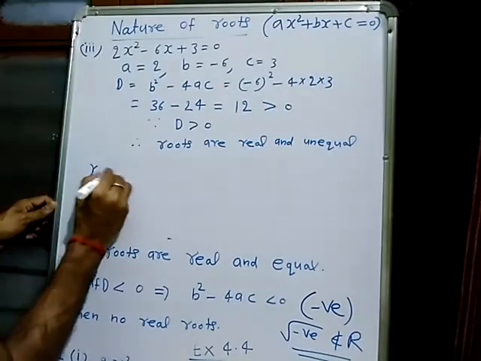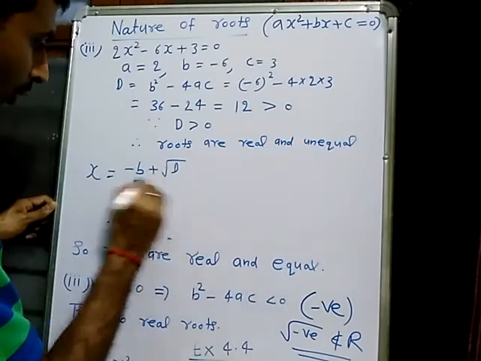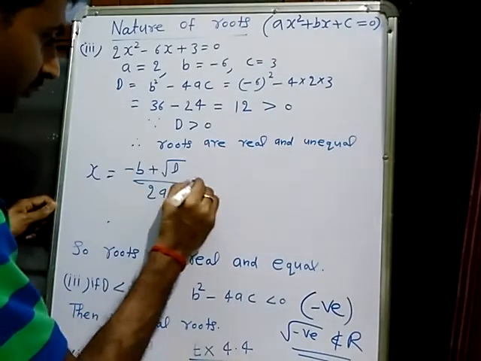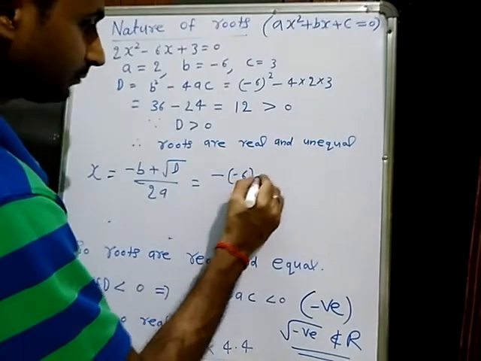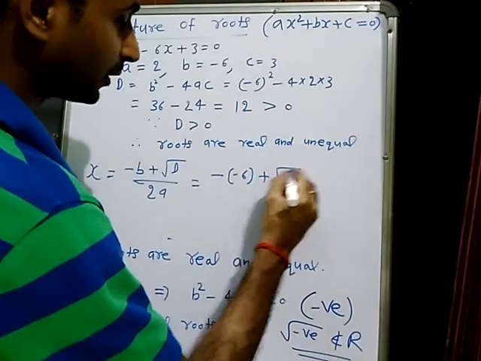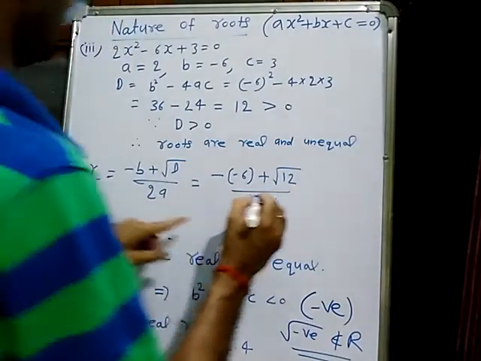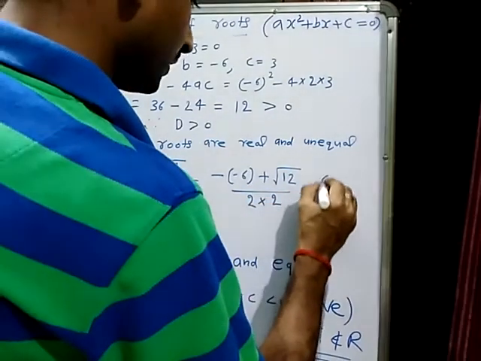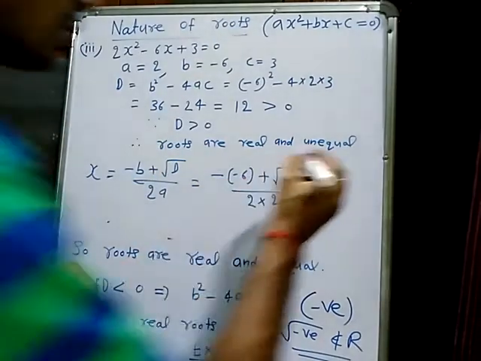We will find out. The first root is minus b plus root of D upon twice of a. So it is minus of minus 6 plus root of 12 upon twice of a. What is a? a is 2. Now see, this becomes plus 6, and 12 can be written as 4 into 3, and the square root of 4 is 2.